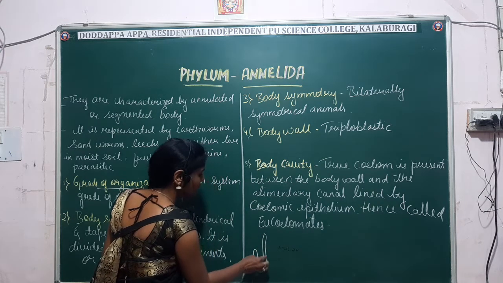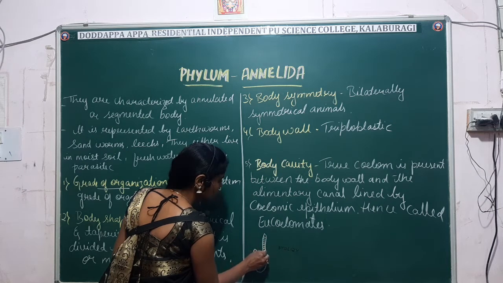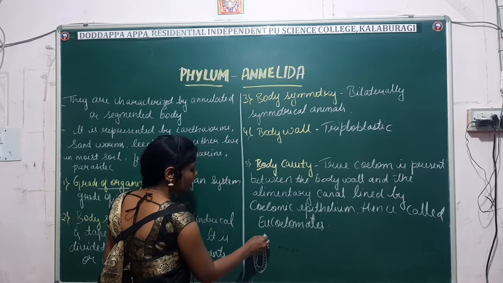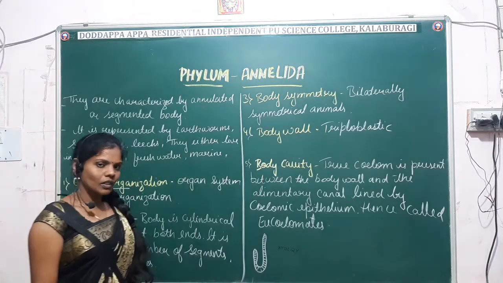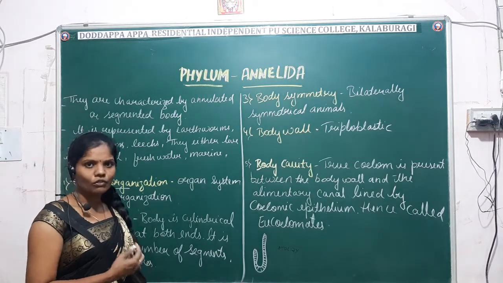It has tapering ends, and you can see small lines or ring-like structures on the body, which are known as segments, or we can also call them metamers. Okay, metamerically segmented animals is what they call the Annelida.